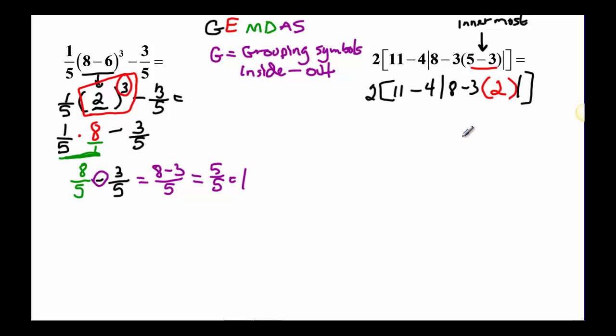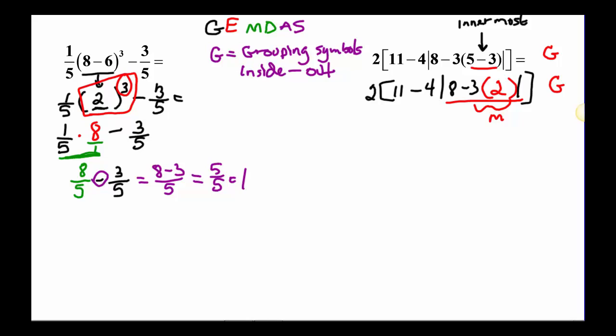We still have grouping symbols, so we have to do the G again. We had a grouping symbol here, and we still have a grouping symbol. So we would do our innermost first, so we're going to do this part right here. Inside there, this is a really complicated problem. Inside there, we have to look at our multiplication.